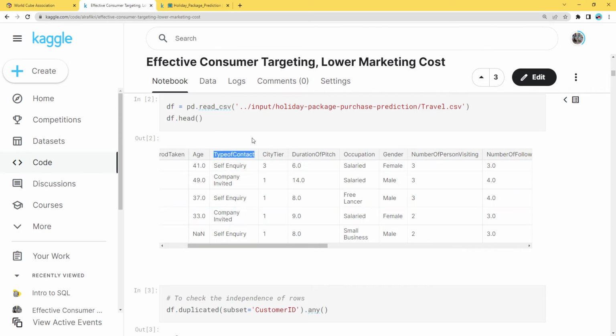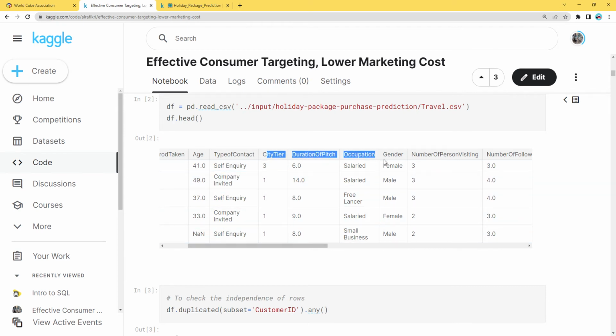This is the variable I think is related to marketing costs, because if the company actually invites someone to take the product, it incurs marketing cost, while self inquiry does not. So in my analysis I filtered the consumers and only use the company-invited ones.